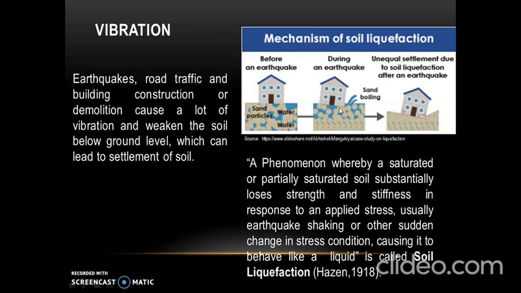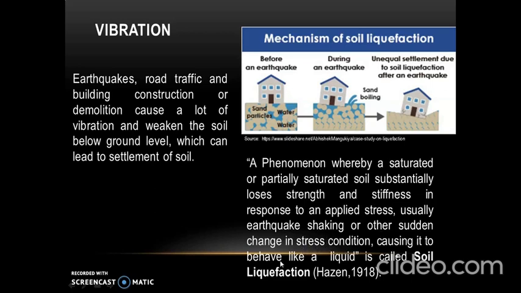What do we mean by liquefaction? It is nothing but the change in the soil from solid phase to liquid phase. Soil liquefaction is also defined as a phenomenon where saturated or partially saturated soil loses its strength and stiffness during the application of stress, which may be during an earthquake or when there is a sudden change in the applied load or applied stress.